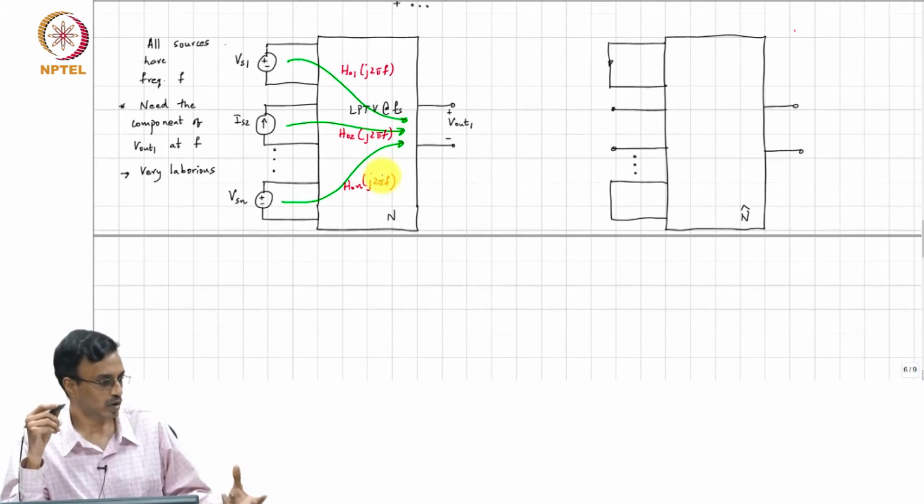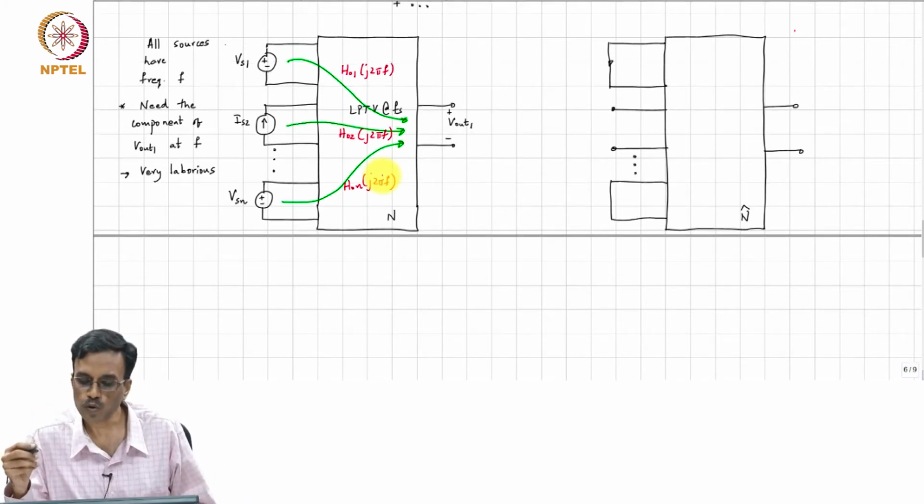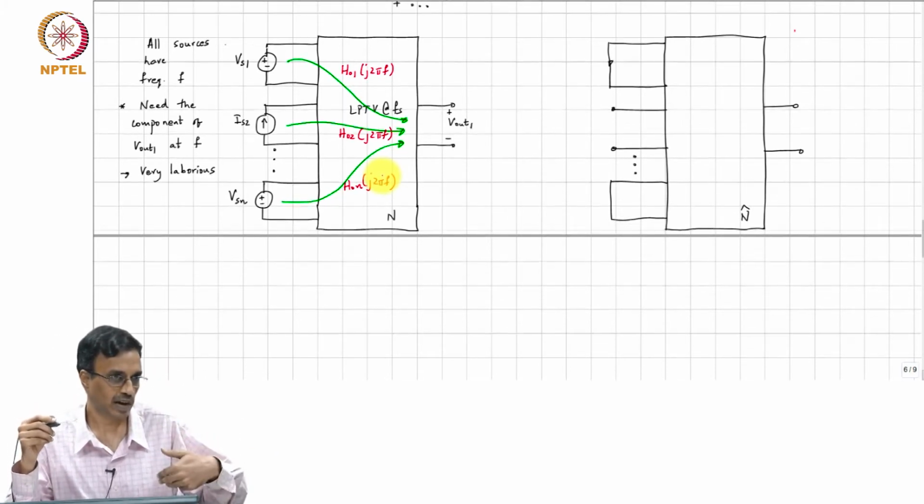Instead of doing this by superposition and doing the analysis n times, what we will do is exploit reciprocity.